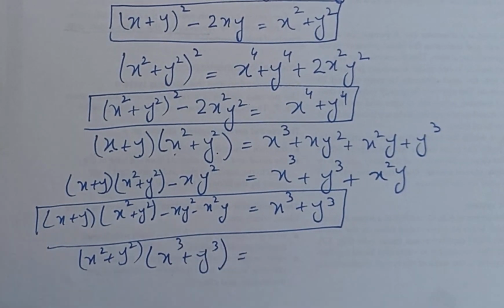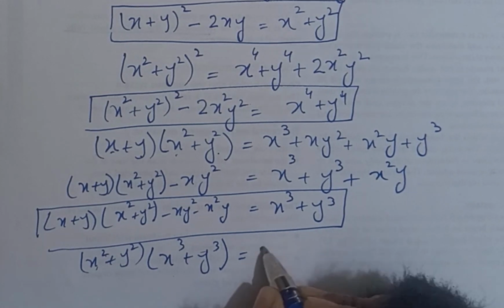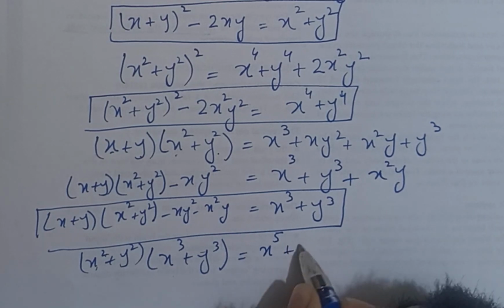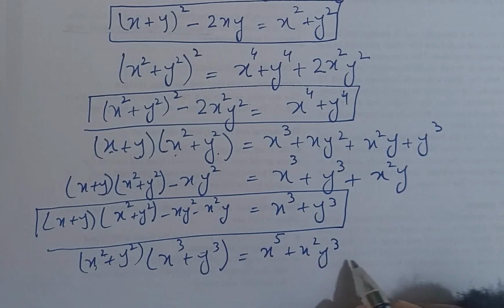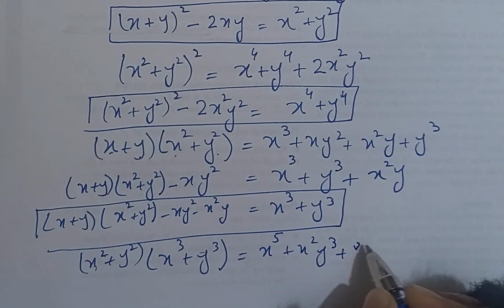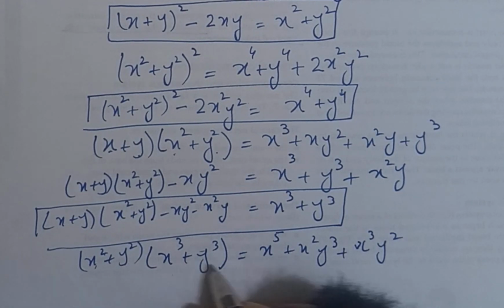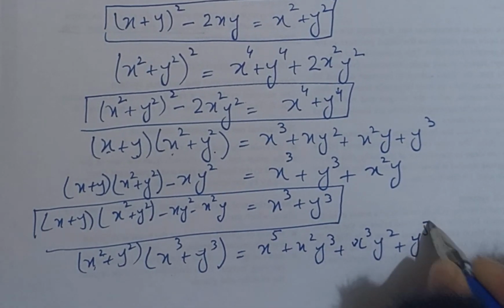If we multiply x square by x cube, then we get x raised to the power 5. If we multiply x square by y cube, then we get x square y cube. And if we multiply y square by x cube, then we get plus x cube y square. If we multiply y square by y cube, then we get y raised to the power 5.